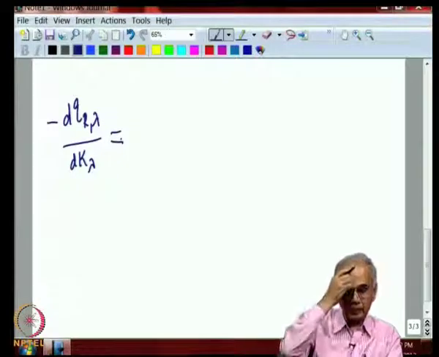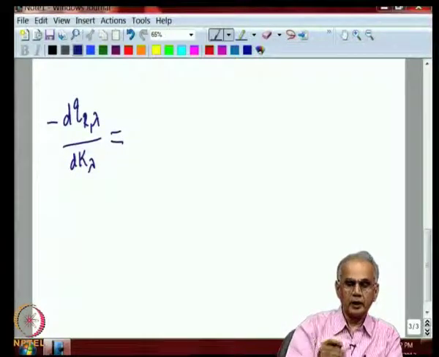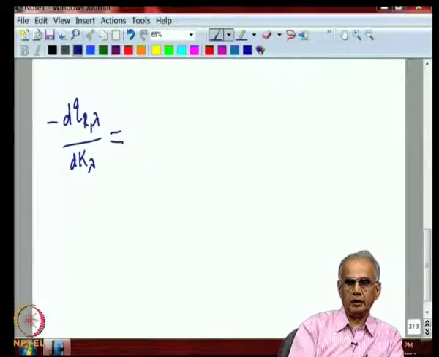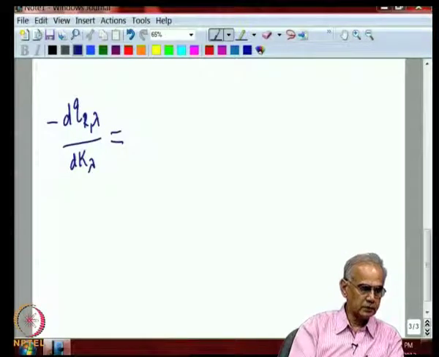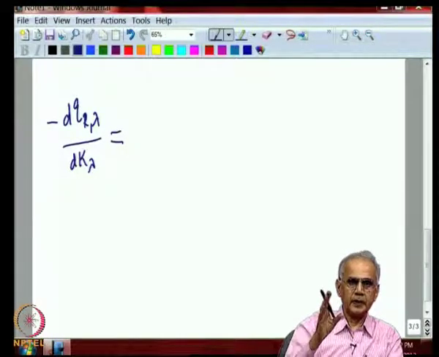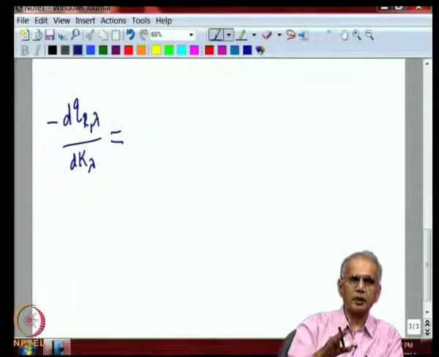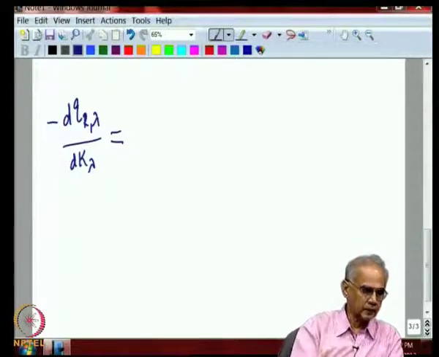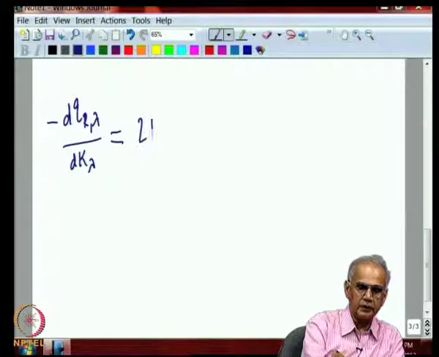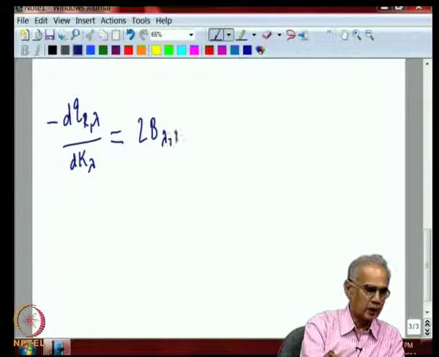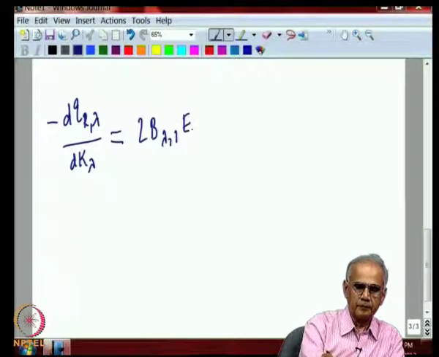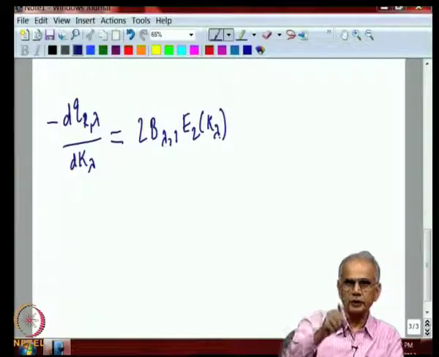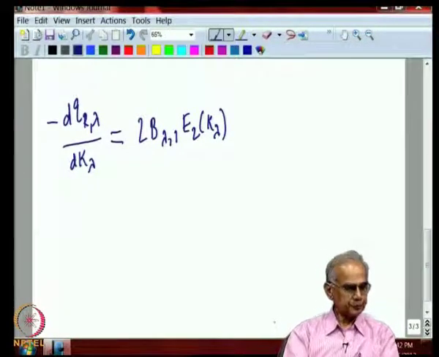So, each term on the right hand side that I am going to write now can be thought of as a term representing energy deposition or energy removal from the system. The first term is the radiation leaving surface 1 and absorbed by the gas. So, this is a heat addition to the gas due to absorption.